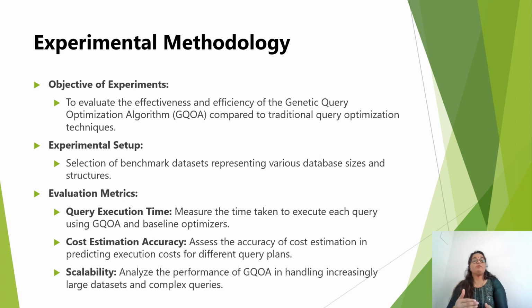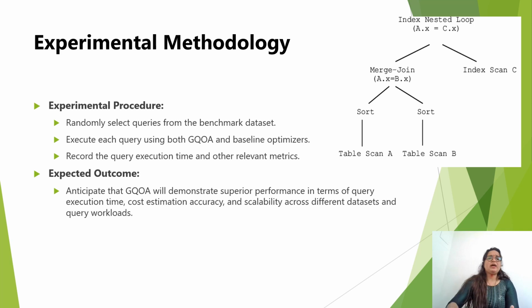And there are also optimizers. Cost estimation accuracy: how accurately each query runs. Scalability: as we increase our data set size, how the complex queries will run. So these are all the evaluation metrics. The experimental methodology also includes an experimental procedure and a benchmark data set.